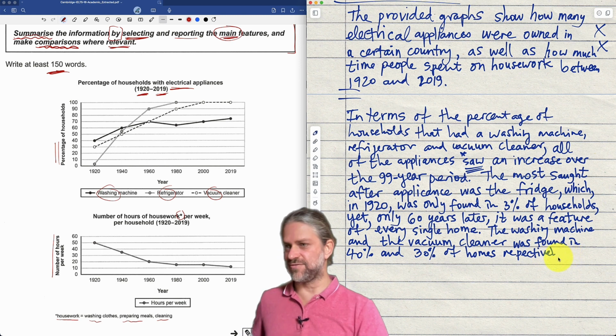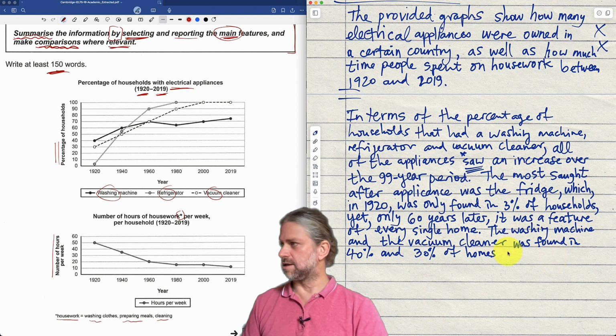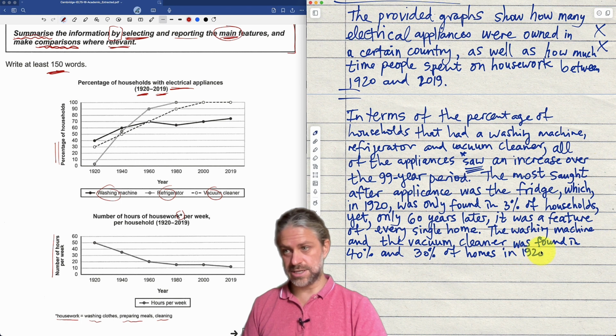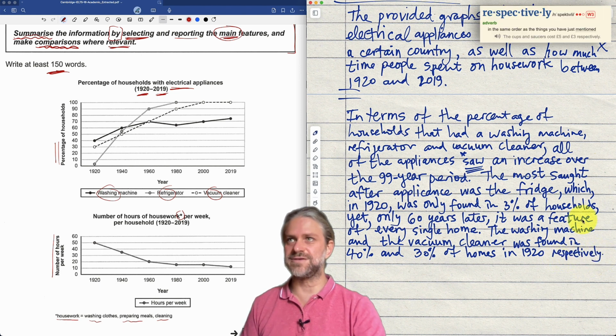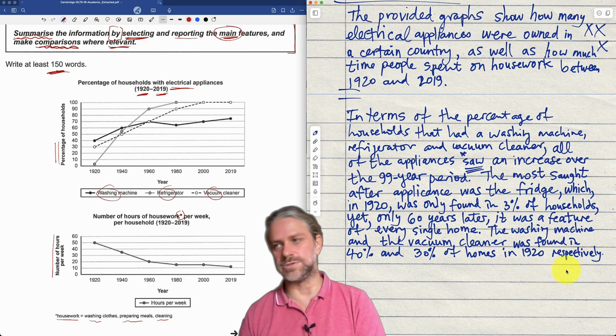Of homes, sorry, I forgot to put the word, take this out, in the 1920s, in 1920, sorry, in 1920, respectively. Okay, and this word respectively, I'll add up here, respectively. You can see how it's used.